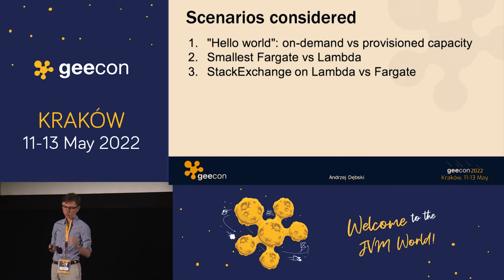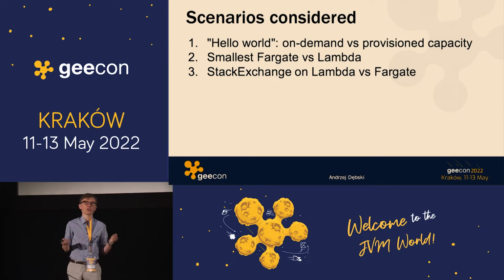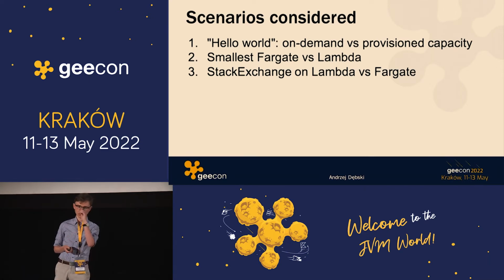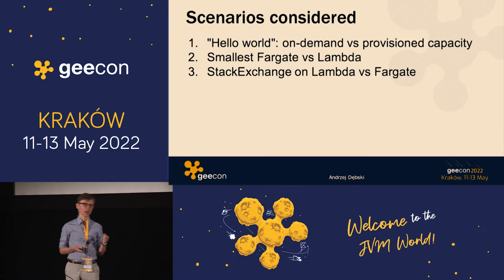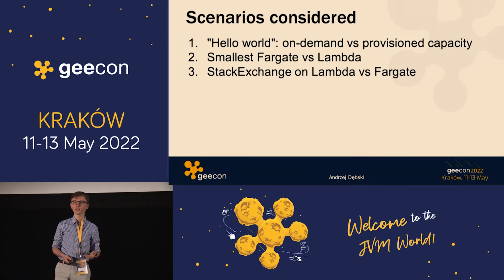So I'm going to look at three different scenarios. Number one is a hello world function that we've already seen, and we'll see how much we would pay for on-demand versus provisioned capacity when handling a continuous stream of requests. Then I'll look at a sample comparison between Lambda and Fargate.